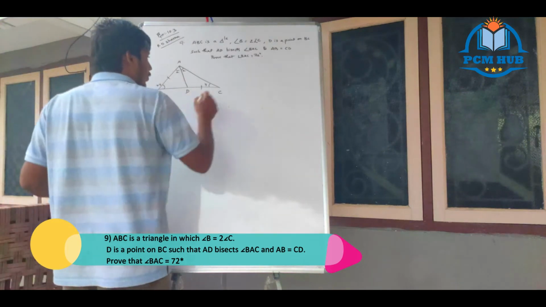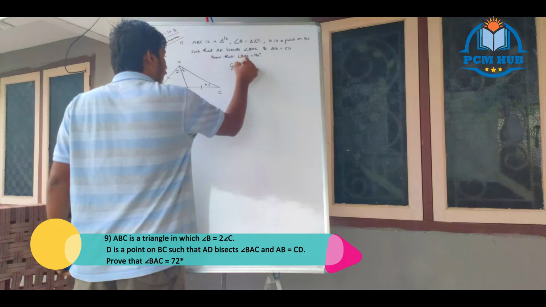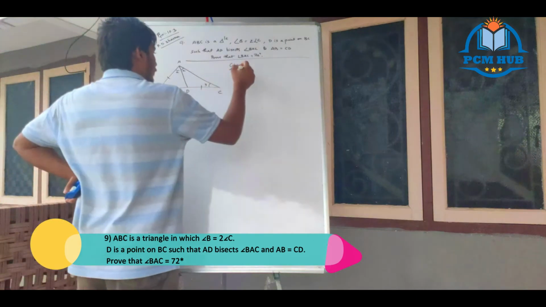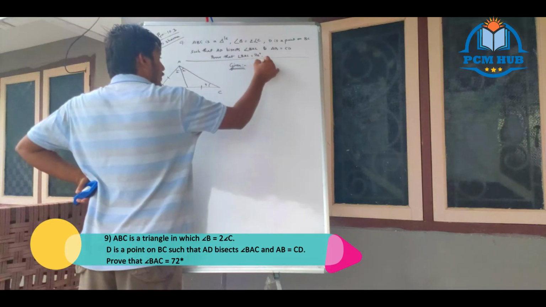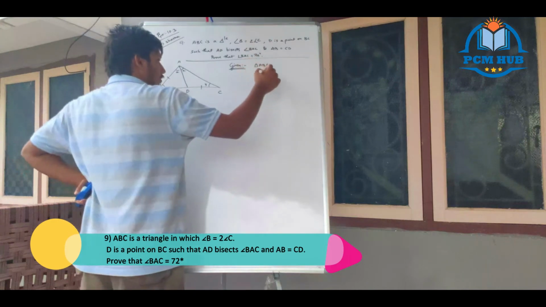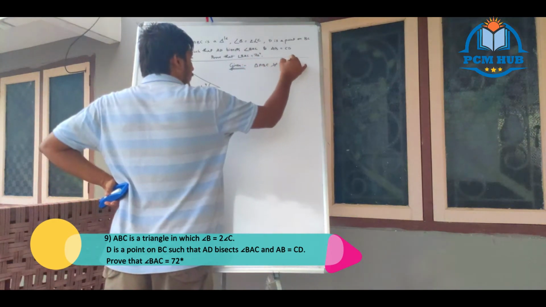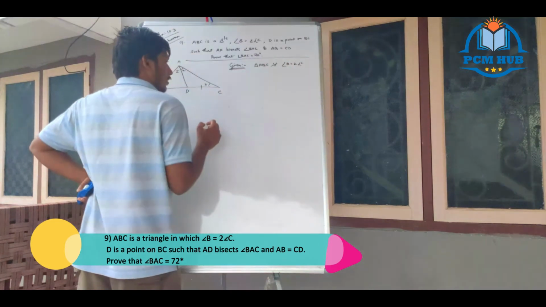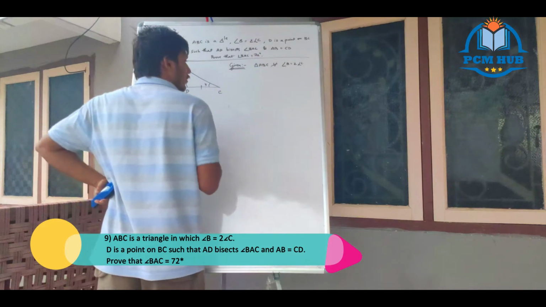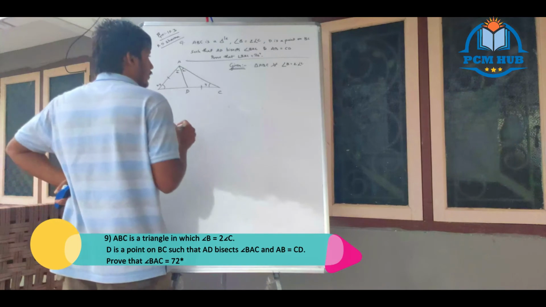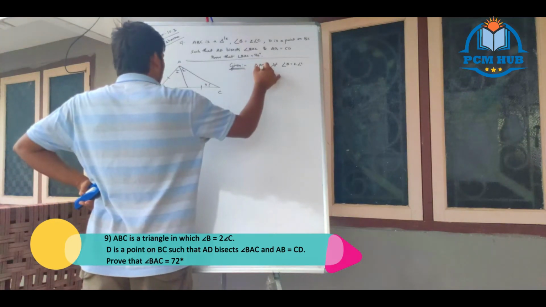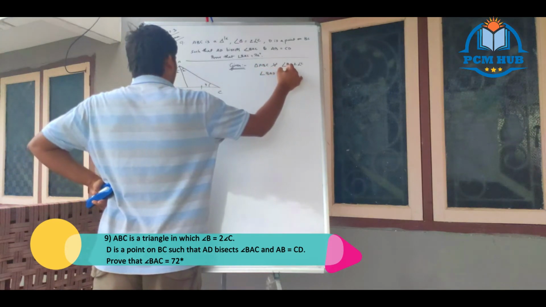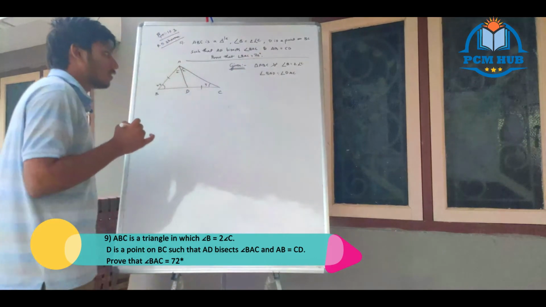So let us write the given and to prove. Given: triangle ABC, where angle B equal to 2 times angle C. Another thing we have taken: angle BAD equal to angle DAC.